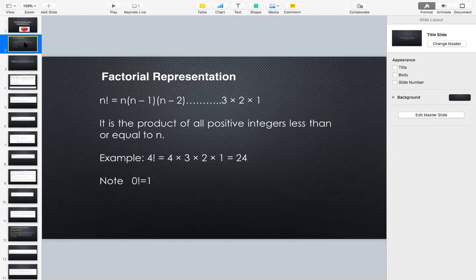So 4 into the next integer which is less than 4, that is 3, into the next integer which is less than 3, that is 2, into the next integer which is less than 2, that is 1. This cycle keeps on going till we get 1 at the end. Okay, so that is how the value of 4 factorial has been calculated, which is equal to 24.